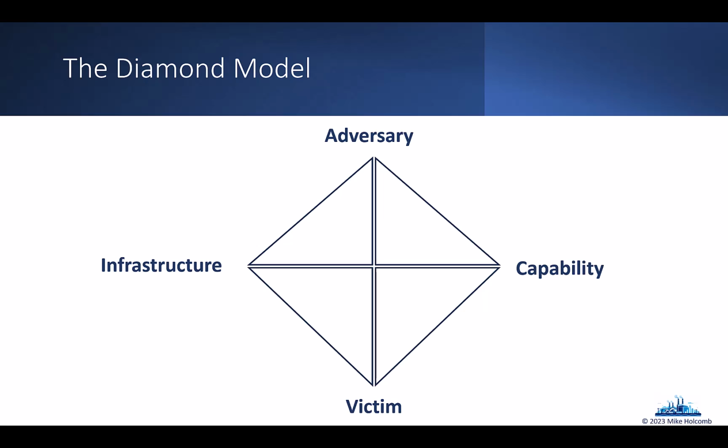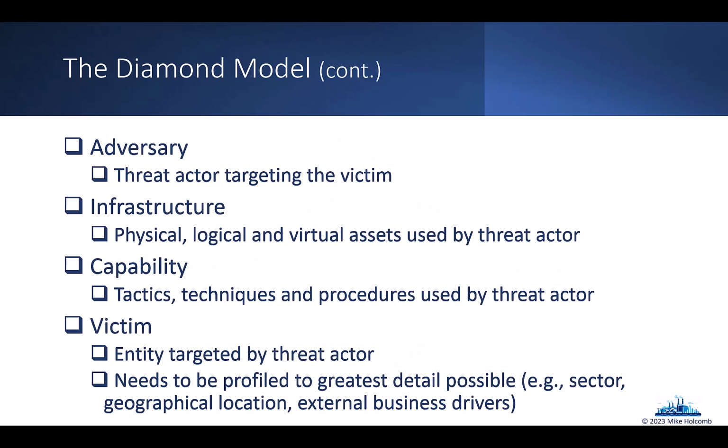And even if I don't have a wind farm or I'm in Canada, there still might be some aspects of that attack that I should be aware of and know, hey, are we protected against this? But that's the Mike Holcomb view of the diamond model in 30 seconds or less. And then that's the breakdown.